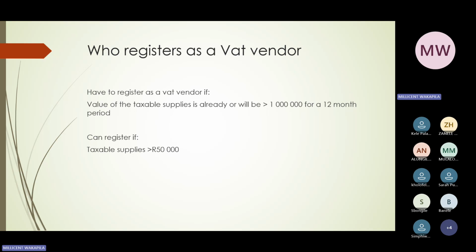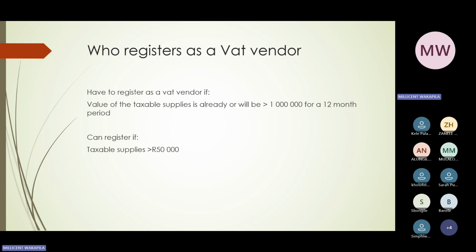So the slide says you have to register as a VAT vendor if the value of your taxable supplies is or will be more than R1 million for the next 12-month period. Or you can register as a VAT vendor if your taxable supplies are more than 50,000. The difference is that the first point, have to register, is a mandate.